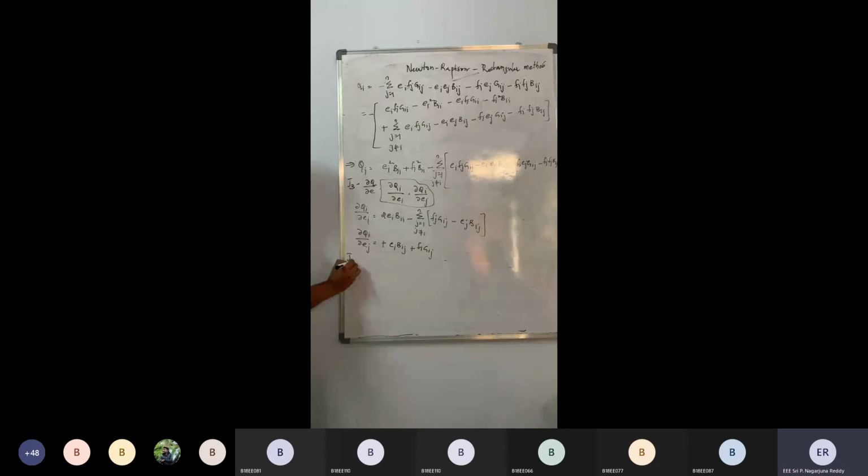And lastly, I do have the J4 submatrix, which has dou Q by dou F formats, differentiating with respect to Fi.